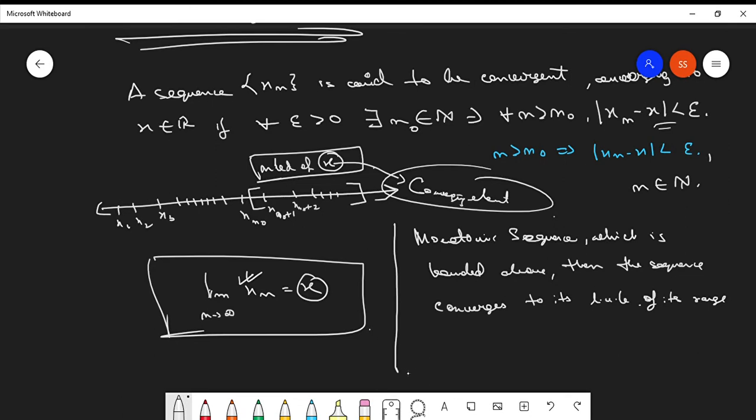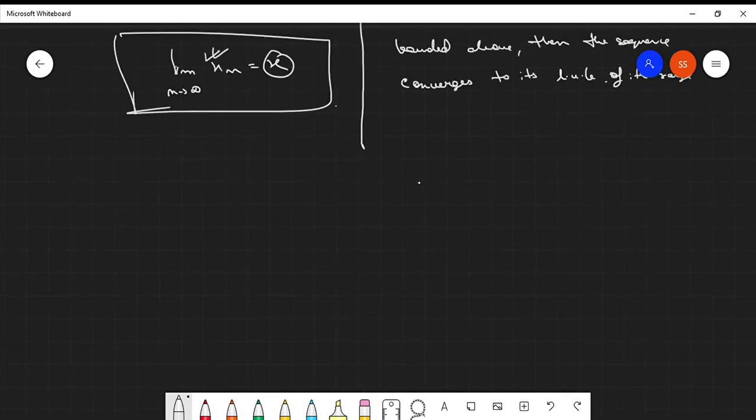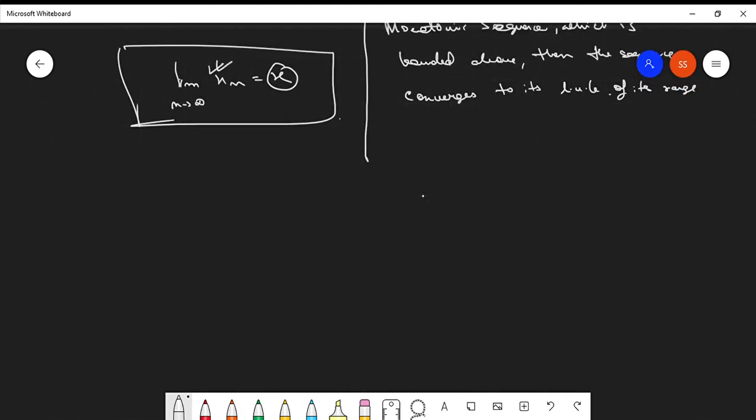So I guess you have already understood what convergence is. Now, when is a sequence said to diverge? If it is not converging, right? A sequence xn is said to diverge if it's not convergent.